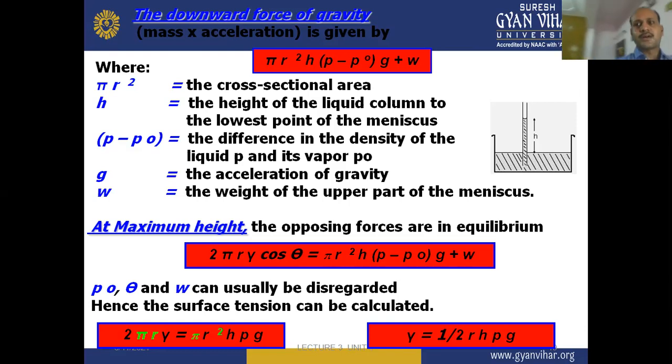So the downward force of gravity is written as pi r square h (rho minus rho 0) g plus w.